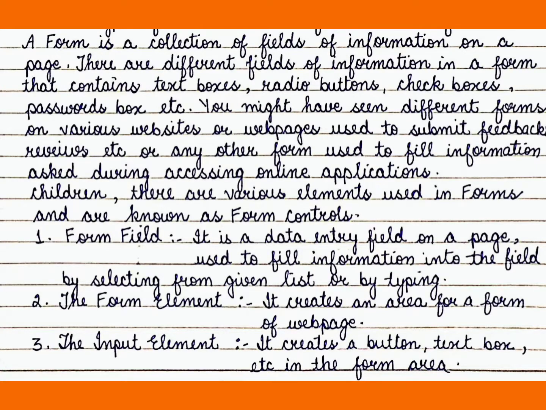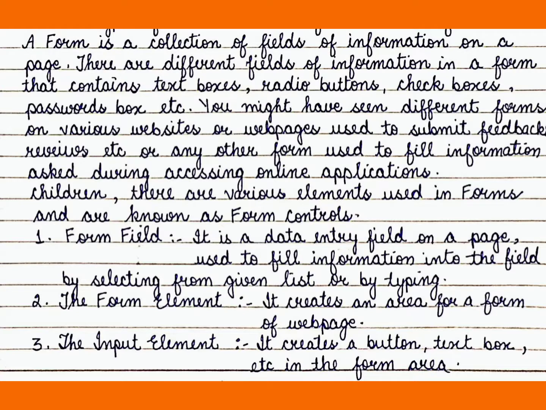Children, there are various elements used in forms and are known as form controls. Number 1, form field. It is a data entry field on a page used to fill information into the field by selecting from a given list or by typing.